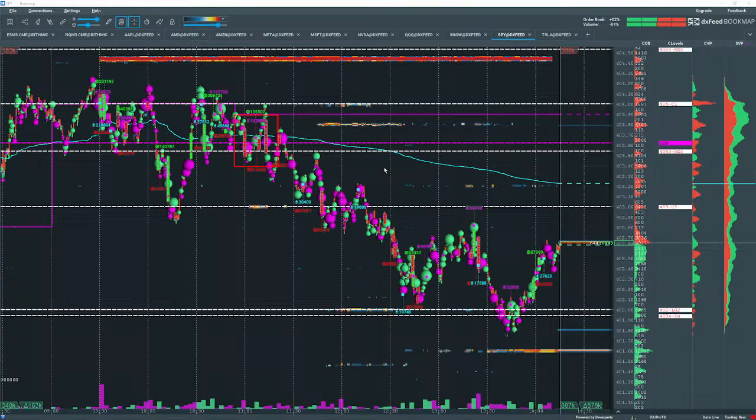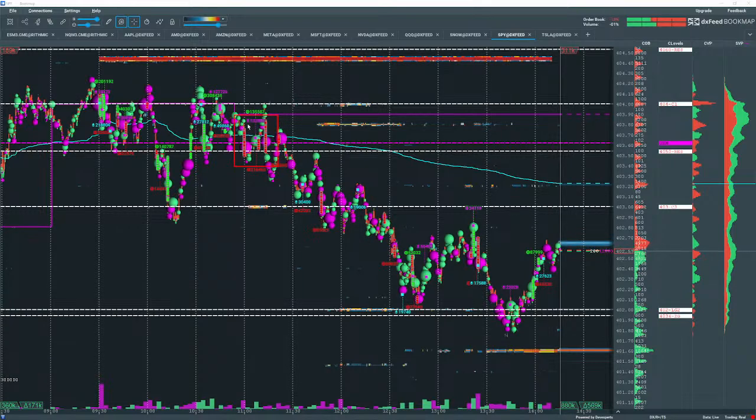So Truman asked, what happens during absorption and how does that affect the price? First of all, I recommend that you go to the Bookmap knowledge base and take a look at absorption there. But absorption is actually shown by this indicator here, this pink number within this red square that I just drew. That's absorption.